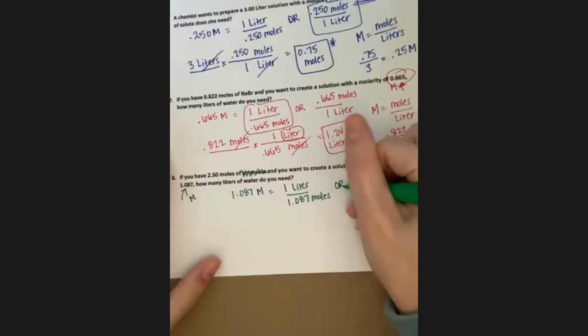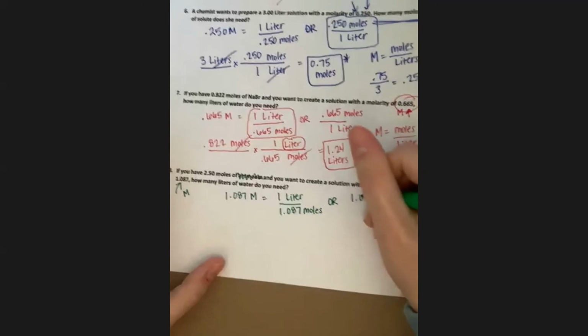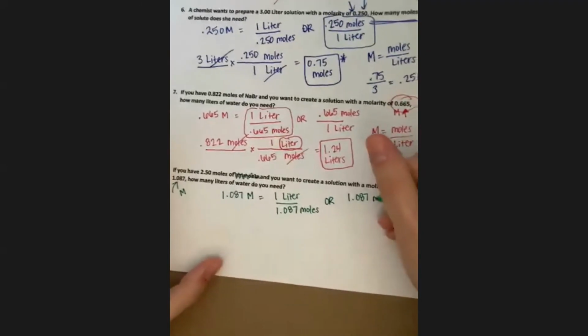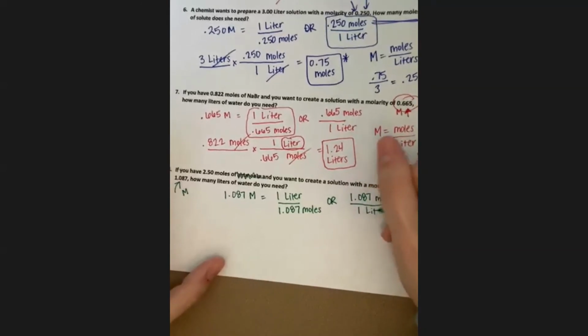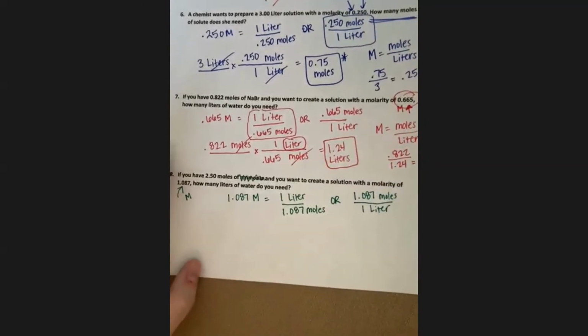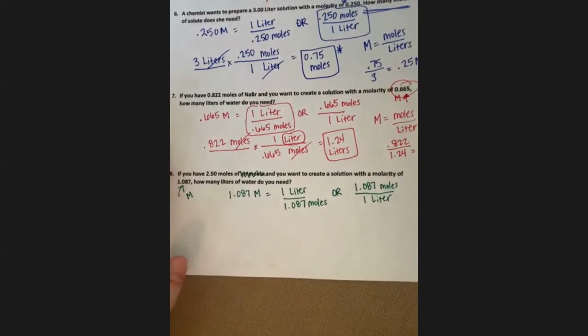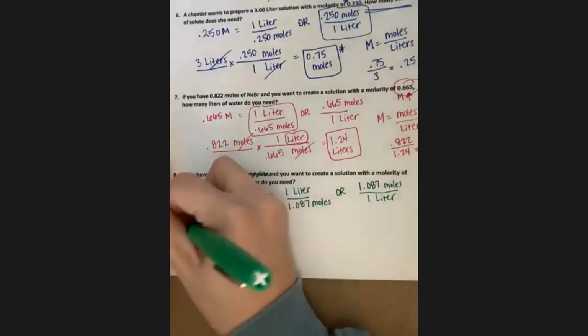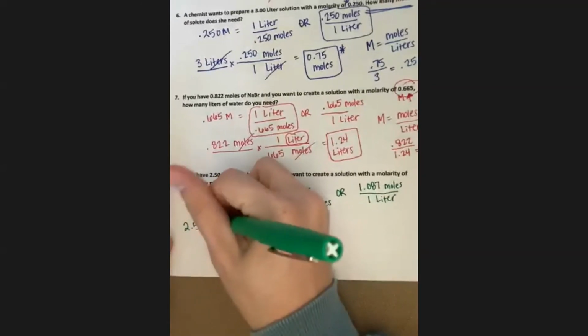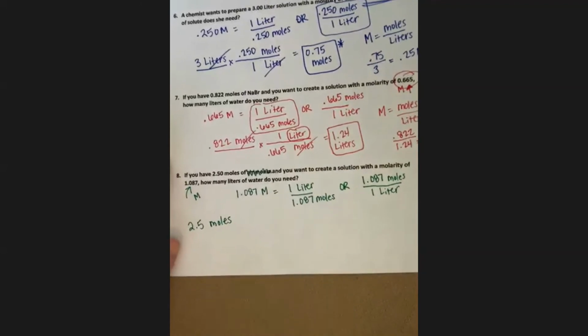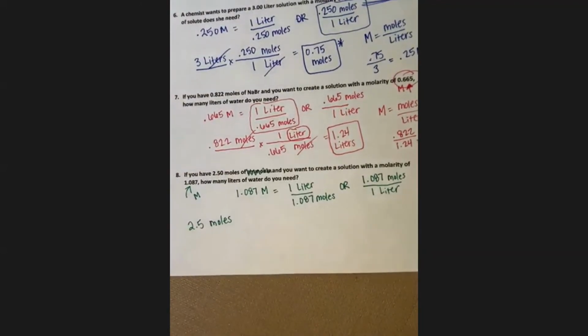Or another way to write that means I want there to be 1.087 moles for every 1 liter. Same exact information. Okay. So the problem gave me moles. It says I have 2.5 moles. Okay. It says how many liters of water am I going to need?